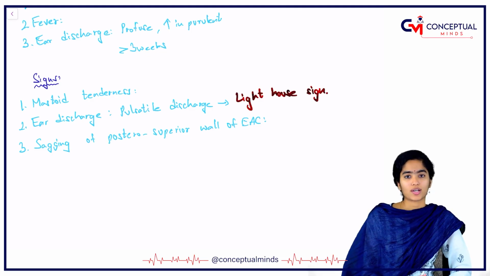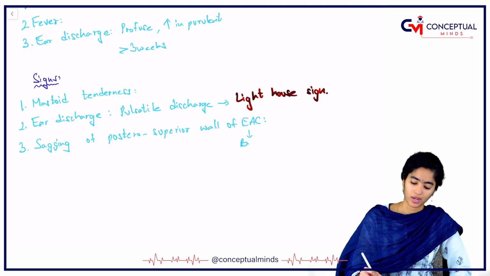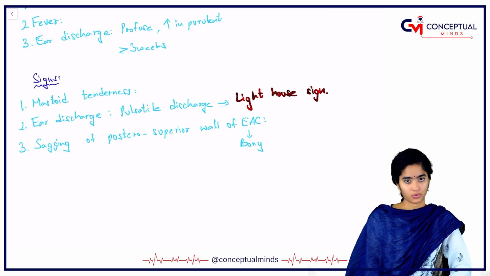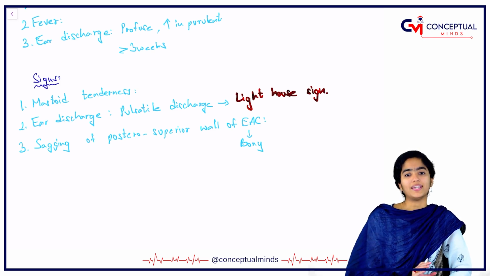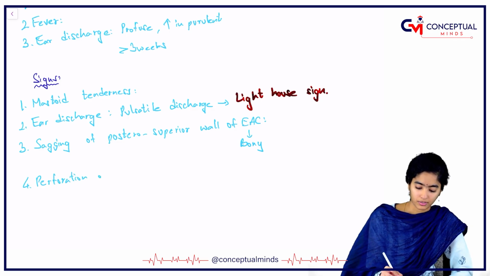Because of periostitis of the bony part. In the external auditory canal also, it is the bony part that sags down because of periostitis between the antrum and the deeper part of the bony canal. These are the signs that you see, and apart from that, of course, there will be perforation of the tympanic membrane.